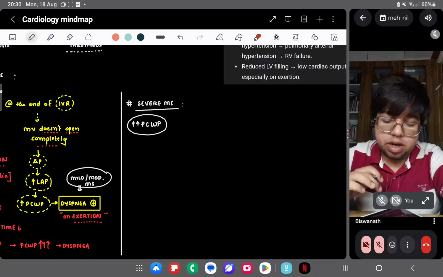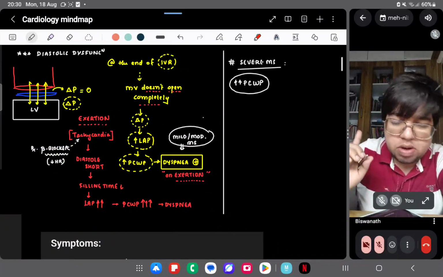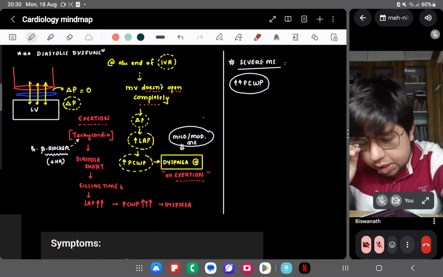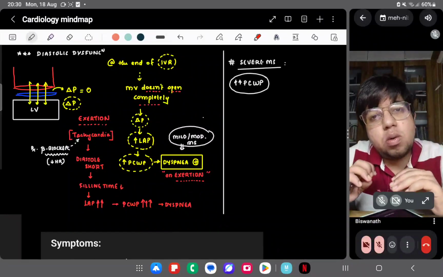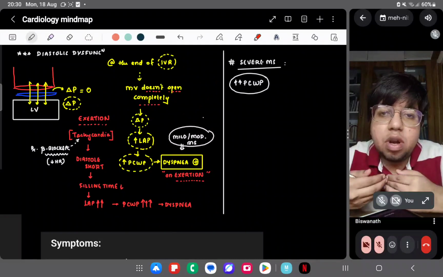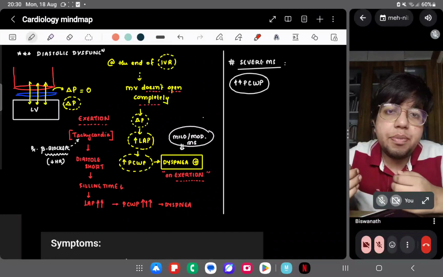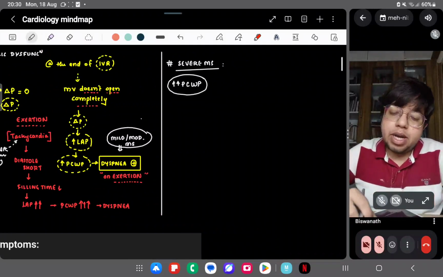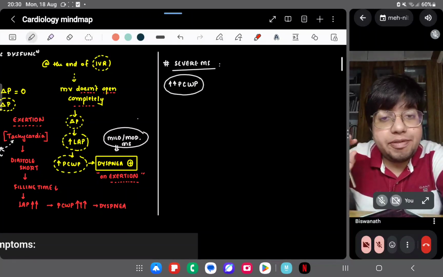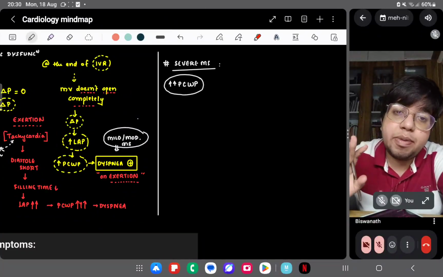In mild to moderate, the patient is fine. There is not much opening issue of this valve. It will manifest once there is some kind of stress. But here already there is PCWP very very high.